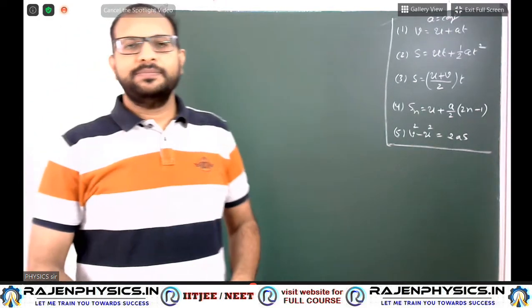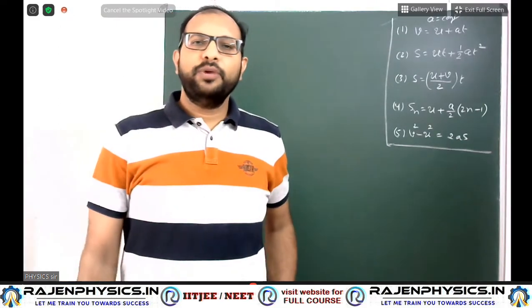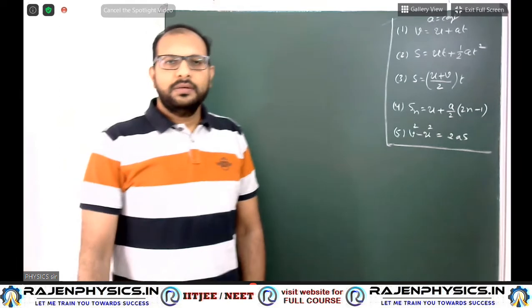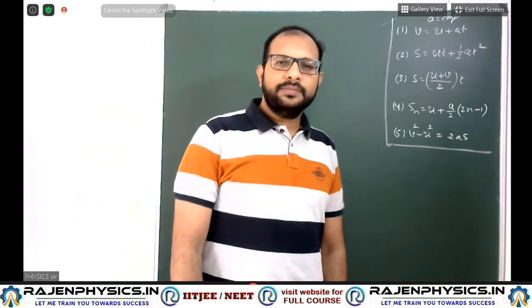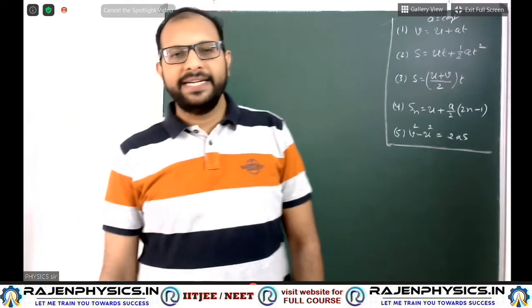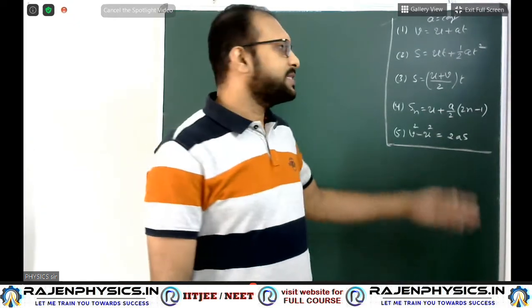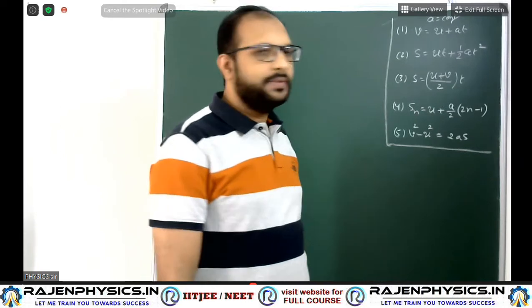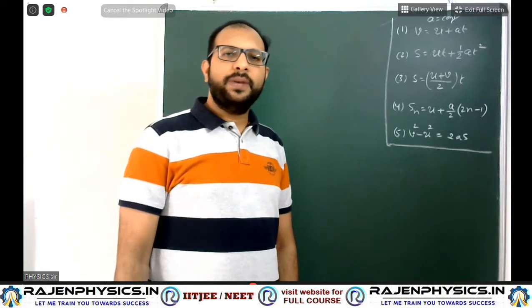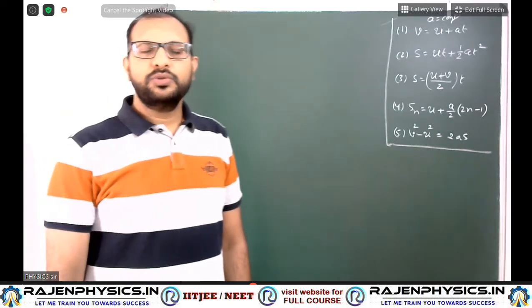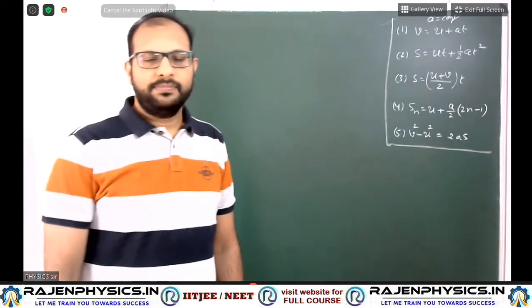Right, before that, students, in uniform accelerated motion, that is constant acceleration. By using the integration method, we derived all equations. I hope you all remember those five equations, from v equal to u plus at to v square minus u square equal to 2as.